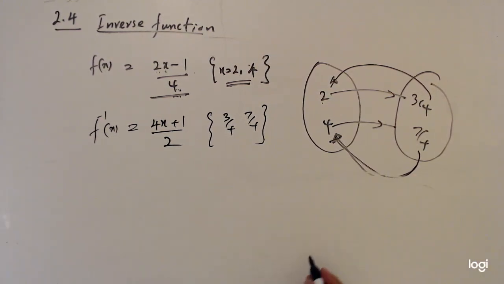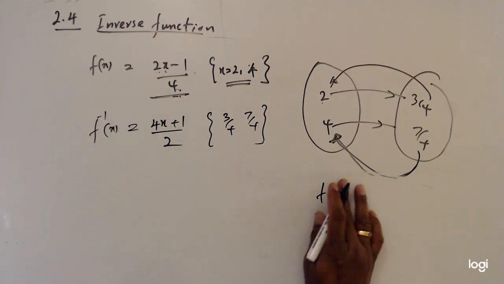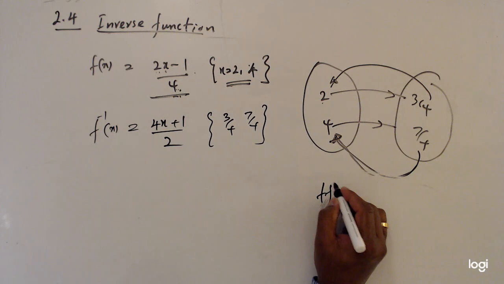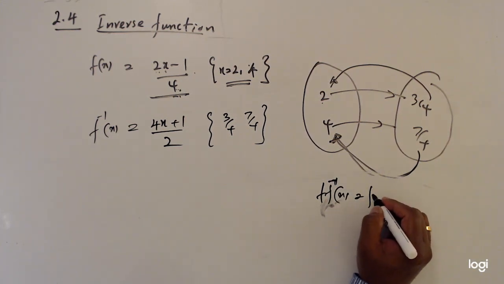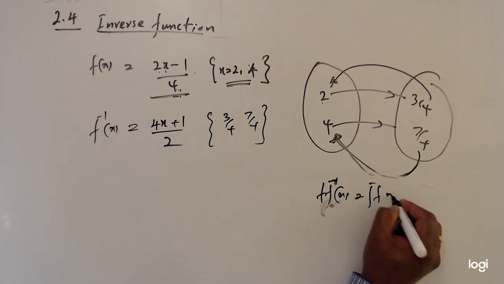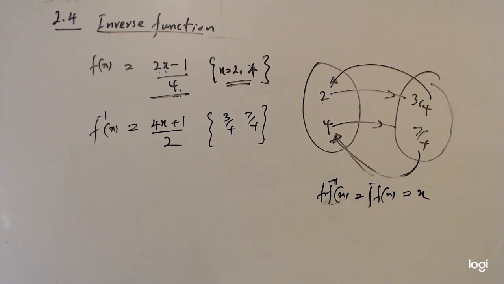Now we'll check whether this one follows the definition. If f inverse is the inverse of f, then f of f inverse x equals x. So this is the composite operation. You know what composite is now.